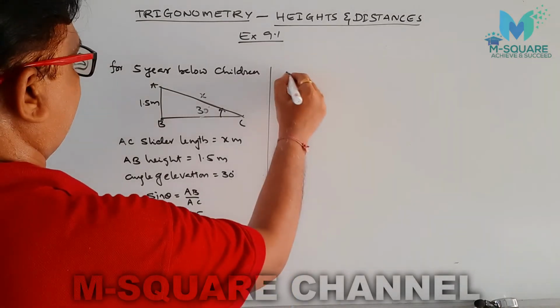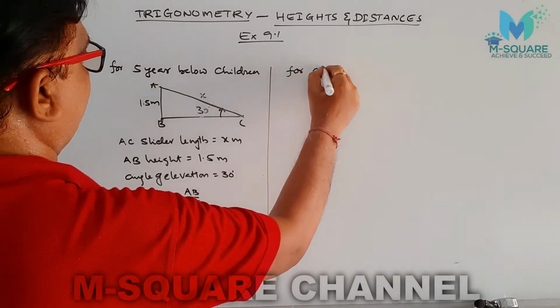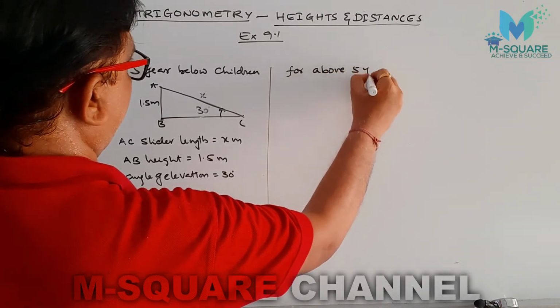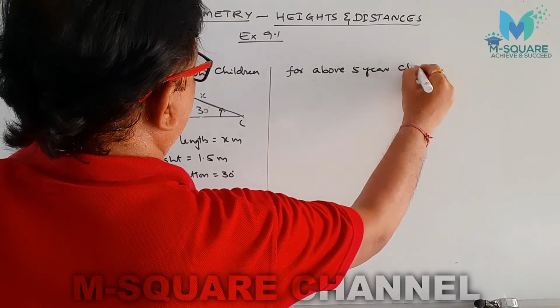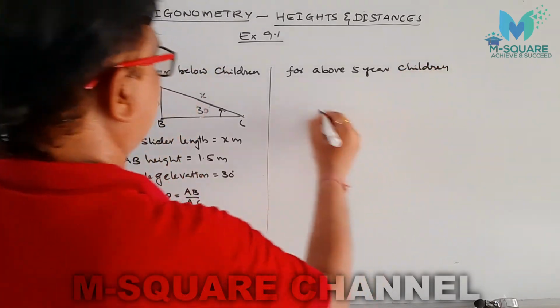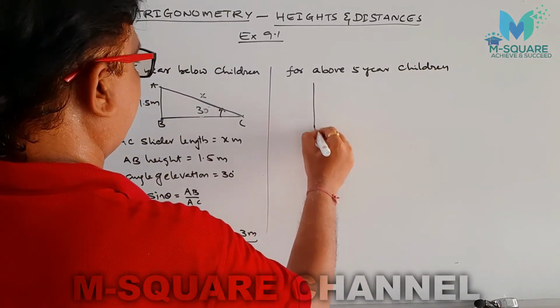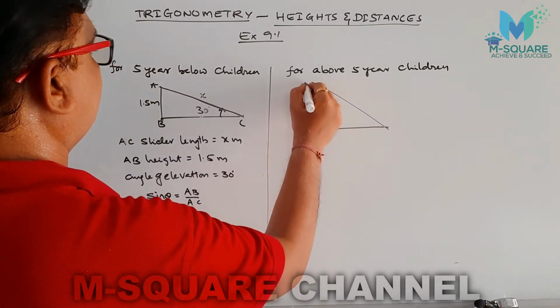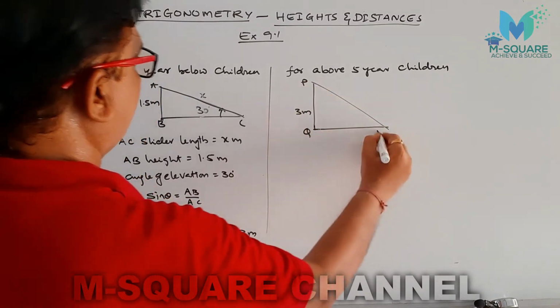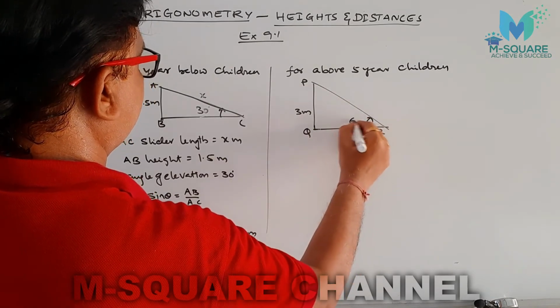Next one is for children above 5 years. So this height is 3 meters, let it be PQR. The angle of elevation is 60 degrees.